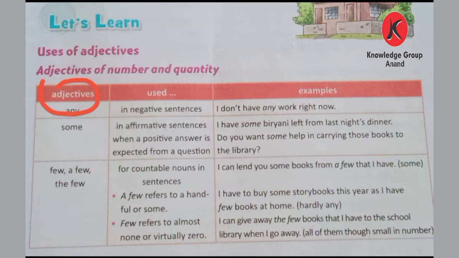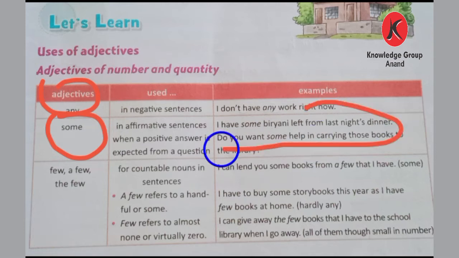Second one is some. Some is used in an affirmative sentence, or when a positive answer is expected from a question. So what is a positive answer? See here, I have some biryani left from last night's dinner. So here it is a positive affirmative sentence, because at the end of the sentence there is a full stop.